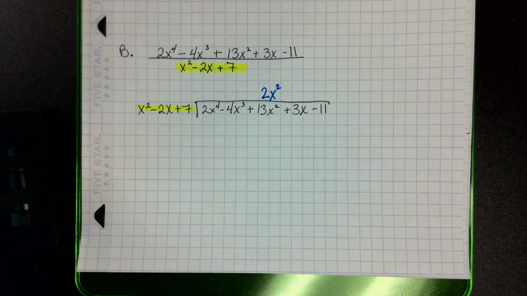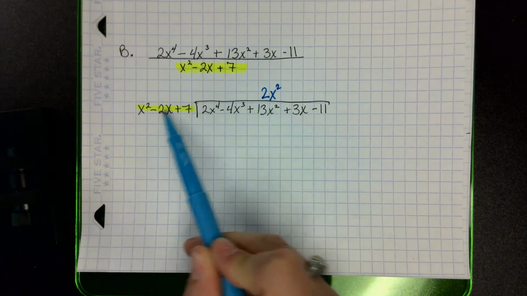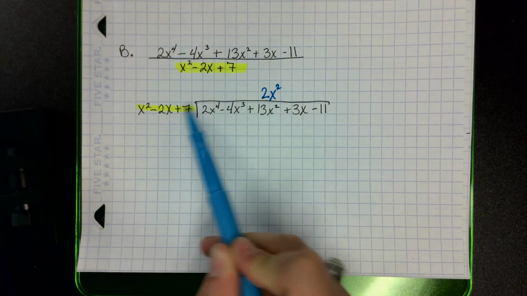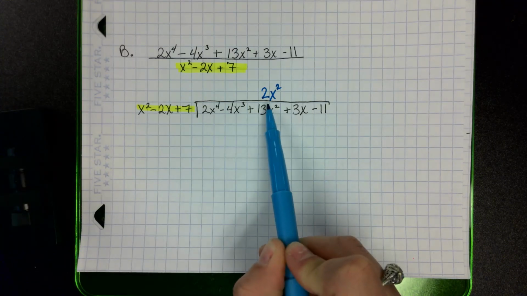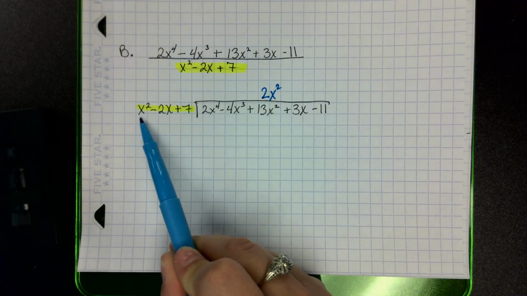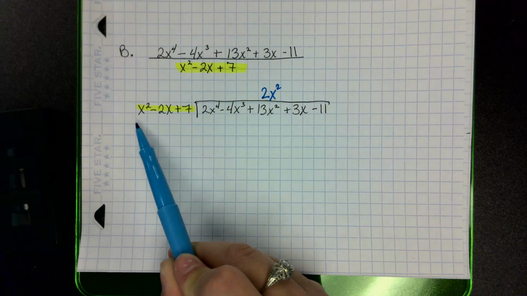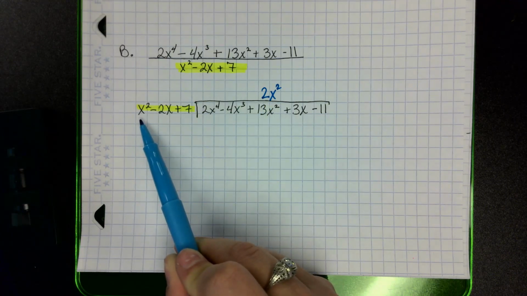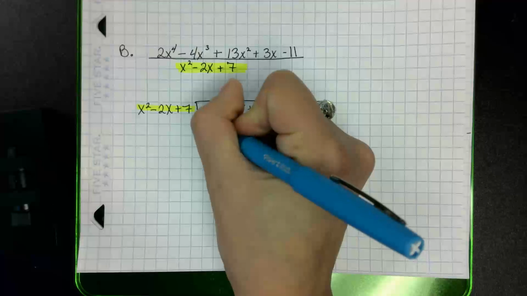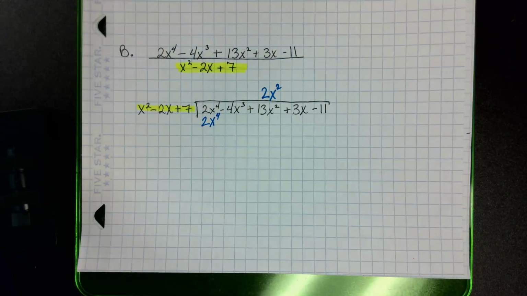So then I have 2x squared, and I have to multiply it by every piece of the divisor. So I'm going to multiply 3 times because there's 3 terms in the divisor. So 2x squared times x squared gives me 2x to the 4th. I put my number in the wrong spot when I said it. It gives me 2x to the 4th.